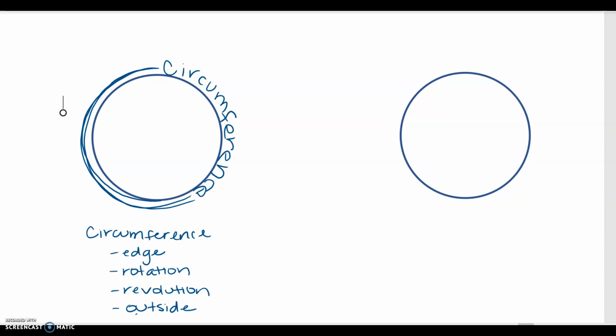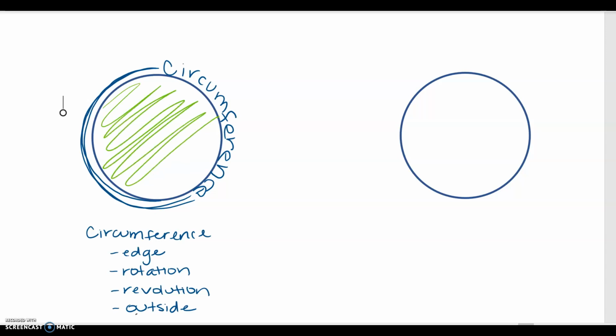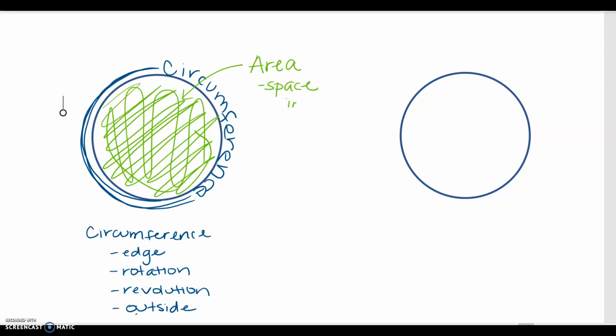Okay, so inside a circle, all this space inside this circle, all that in there is area. Area is the space inside, or it can be known as within the circle, or if we are covering the circle, or it can also be square units.